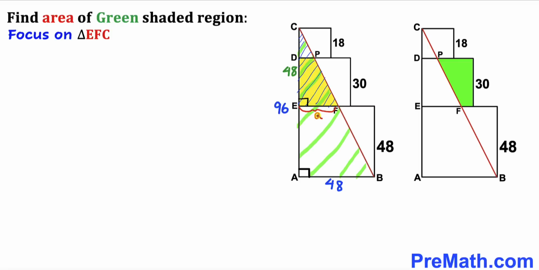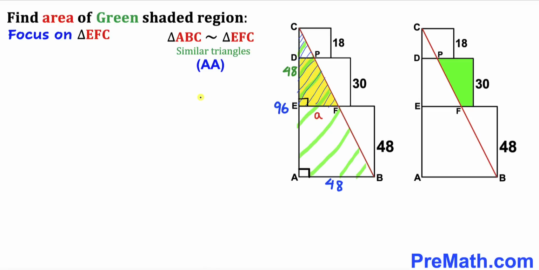And now we can see that this big right triangle ABC is similar to this smaller right triangle EFC according to the angle similarity theorem. Since these two angles are 90 degrees, this angle is common to both triangles, and this angle is our corresponding angle to this one.